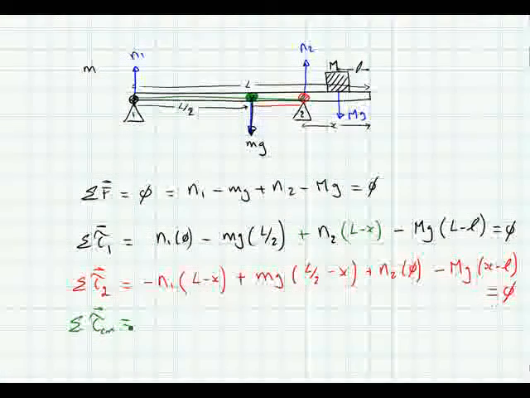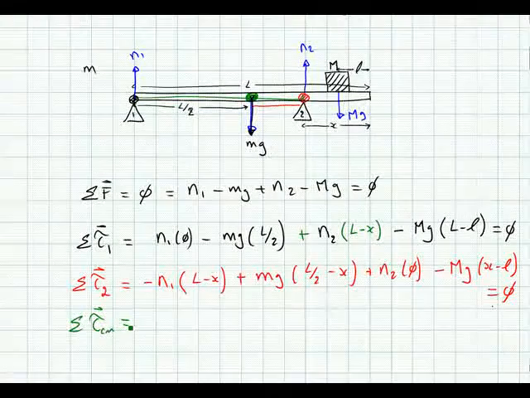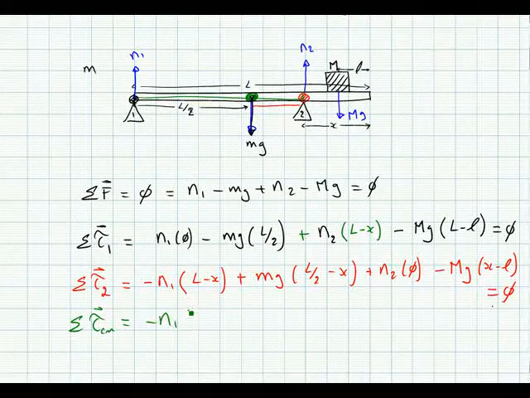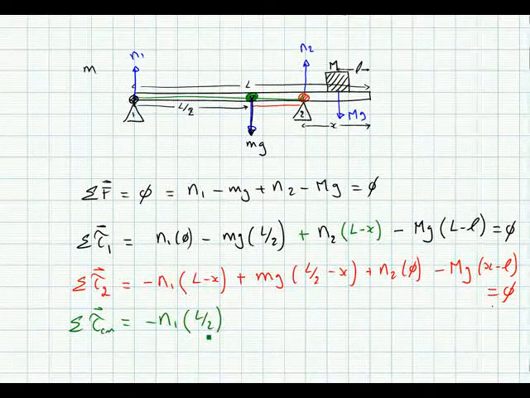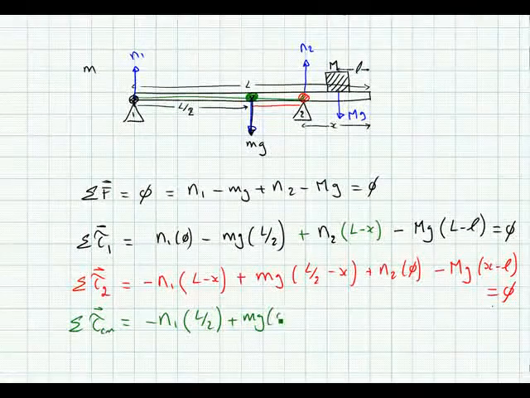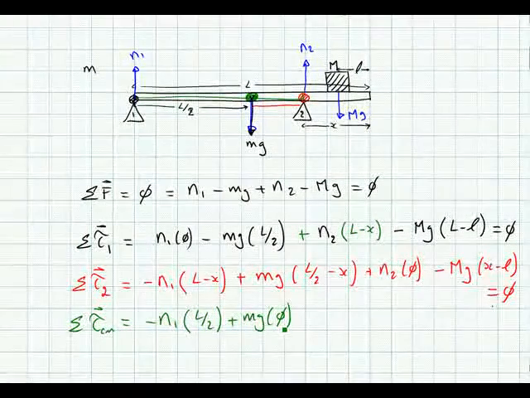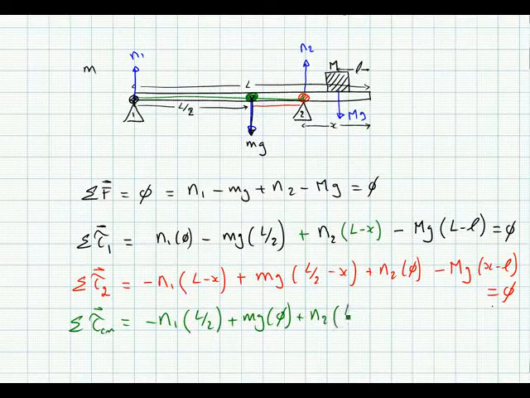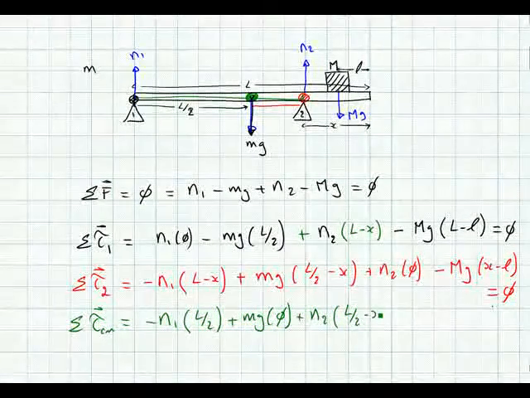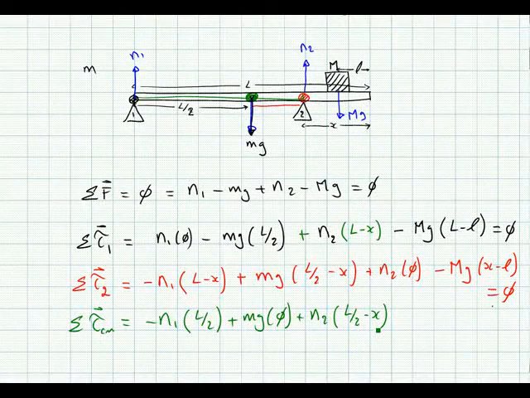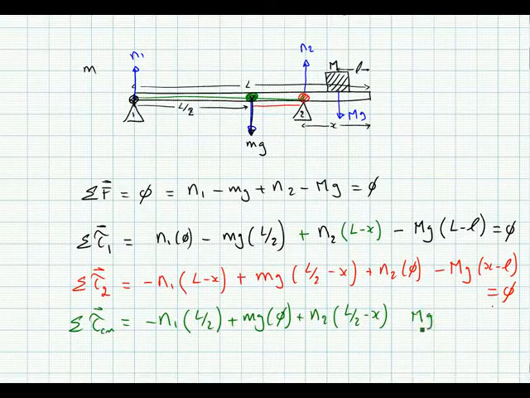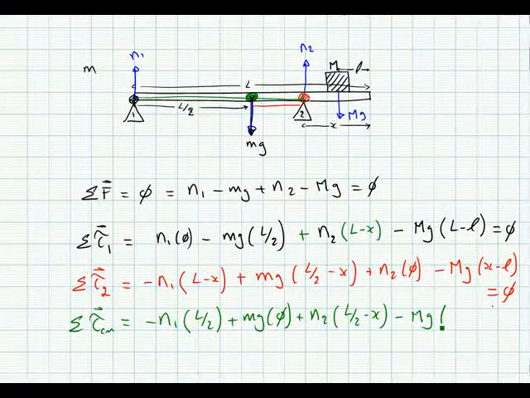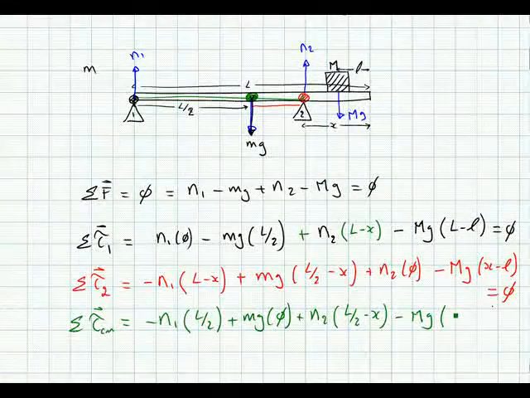So the torque about the center of gravity, what is that? Let me go ahead and write that: minus n1 times L over 2 plus mg times 0, and then we have plus n2 times L over 2 minus x, and then we have big Mg negative times L over 2 minus l.